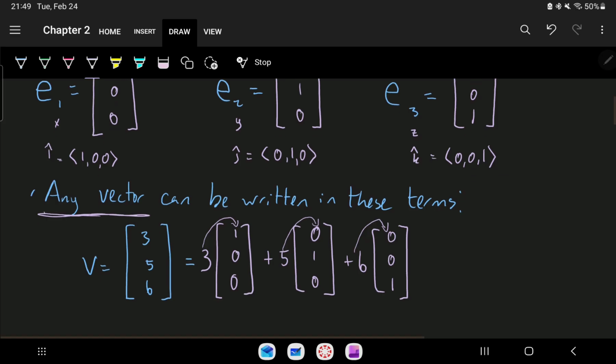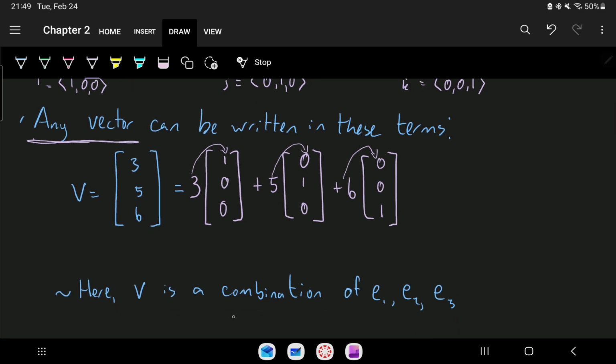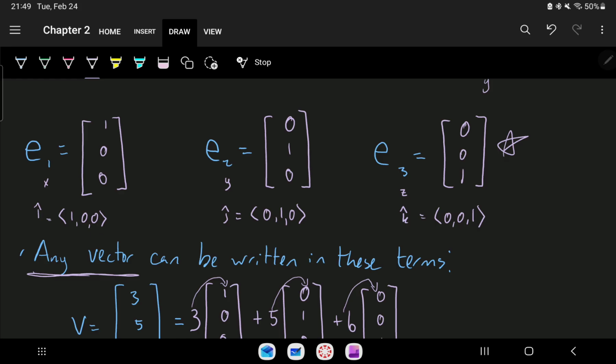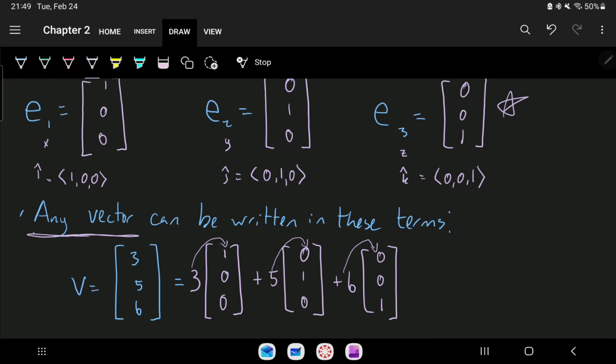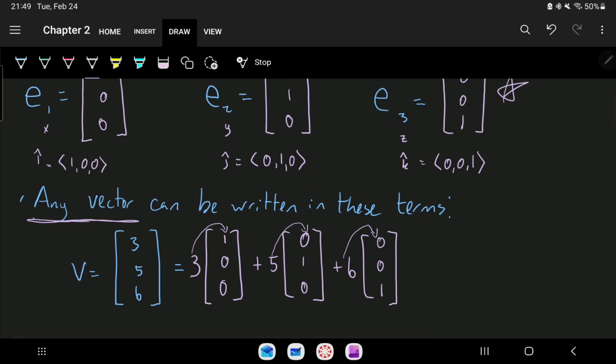So in this case, we can say that V is a combination of E1, E2, and E3. And literally any vector you can possibly think of can be a combination of these standard vectors. That is not to say, however, that these vectors are the only ones in the world that can form linear combinations. There are others, and it just depends on the problem.